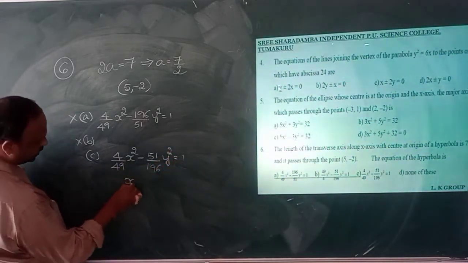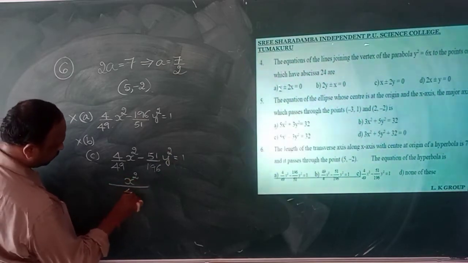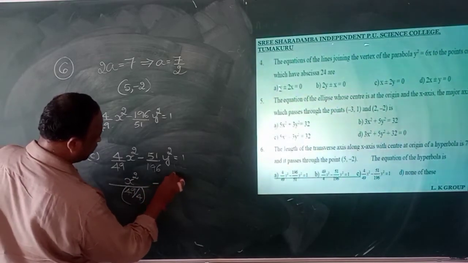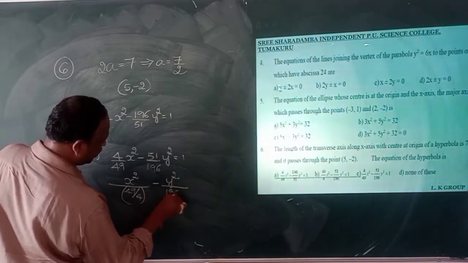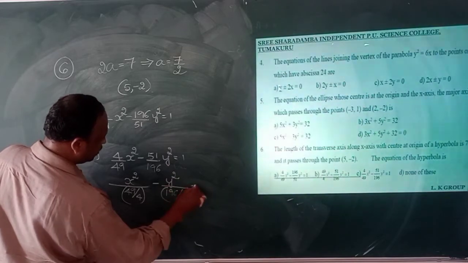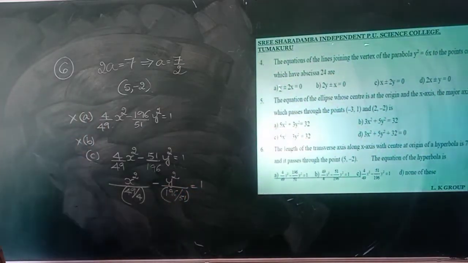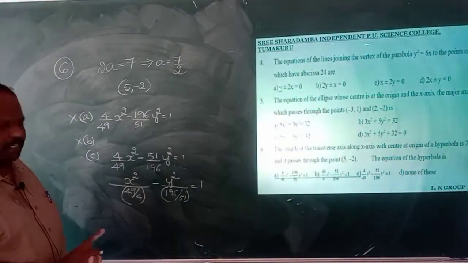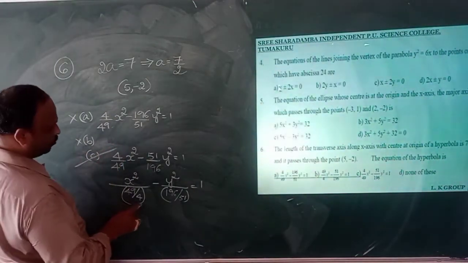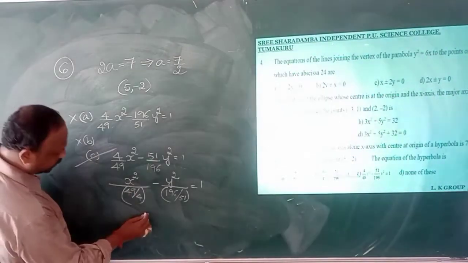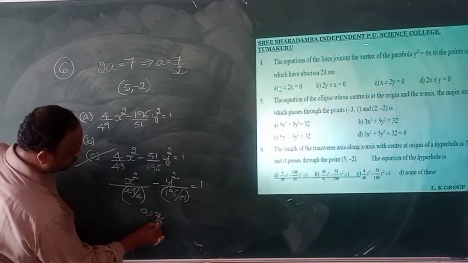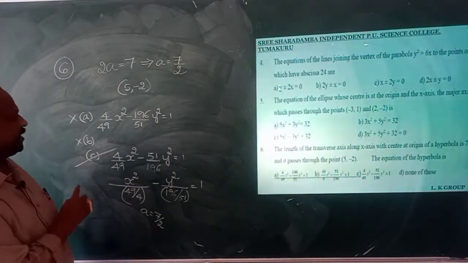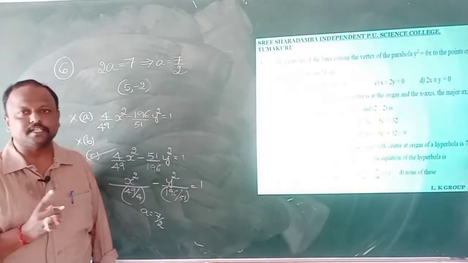You can write this as x square by (49 by 4) minus y square divided by (196 by 51) is equal to 1. Substitute (5, -2), it will satisfy. That is one condition. And one more: 49 by 4 is a square, so a is equal to 7 by 2. If it satisfies, that is the correct answer.